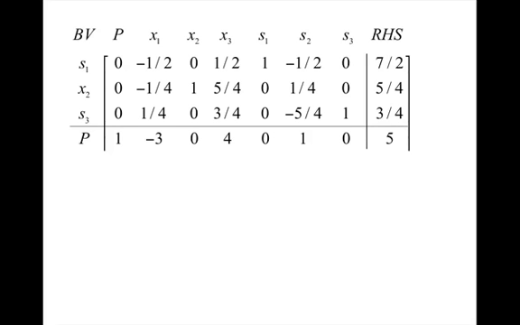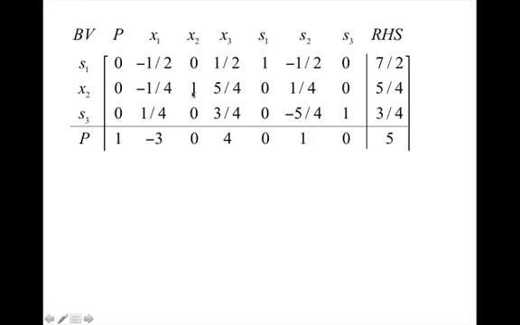Since I completed a pivot, I need to relabel my basic variables. The P column contains the identity column, the zeros and the 1, and the 1 is in the last row, so P is my last basic variable. That should always happen and never change. My next identity column is under X sub 2.